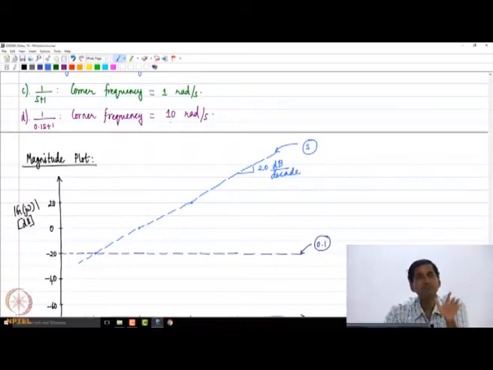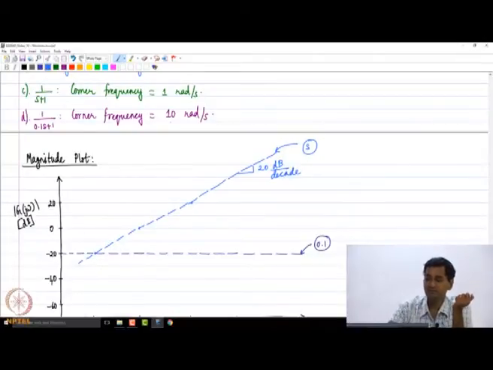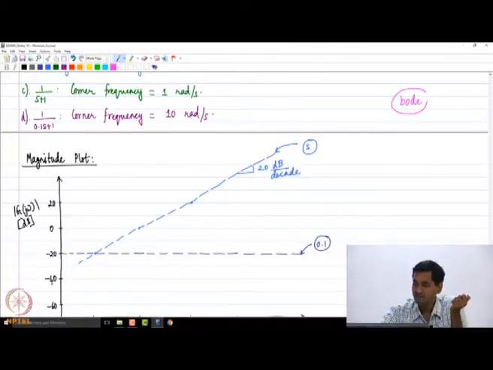Of course, in real life you need to apply the correction and get the actual plots, but nowadays if you use the command Bode in MATLAB, you will get the Bode plot itself. So, you just check out the command Bode in MATLAB. So, let us plot the Bode diagram for the asymptotes for 1 by s plus 1.